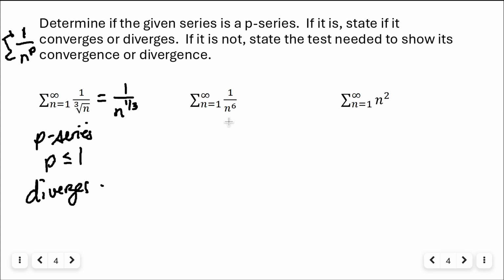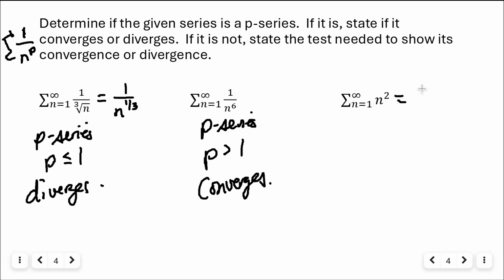Okay, 1 over n to the 6th. Again, that's another p-series. Let's see, we have p is greater than 1. So this converges by the p-series test. All right, this one's a little more awkward. We have n squared. But n squared could actually be written as 1 over n to the negative 2, right? Normally we don't write it like that, but that is technically a p-series.